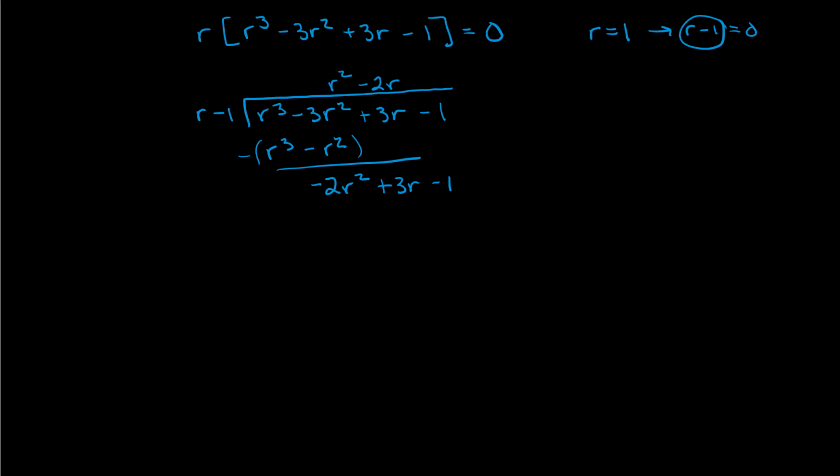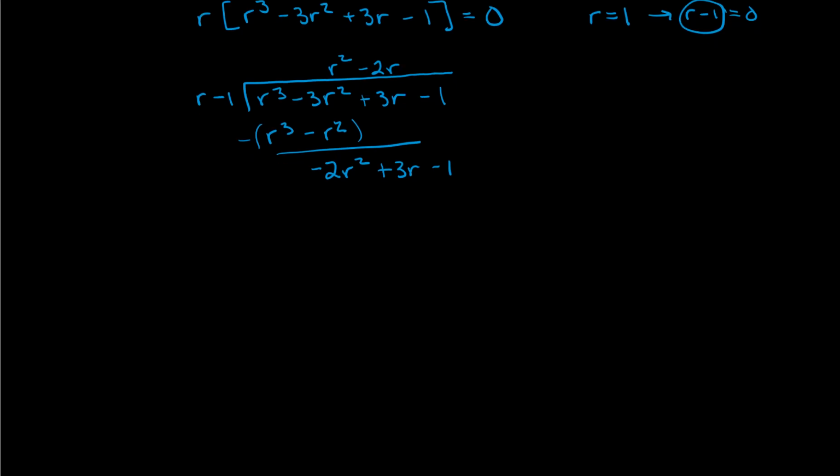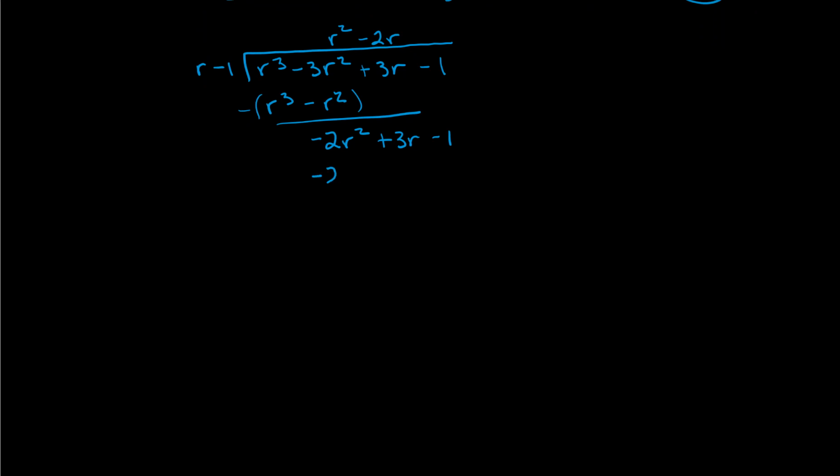Notice as I put my r squared and my r at the top with the division, I'm lining them up. Neatness counts here. So a negative 2r times r is a negative 2r squared, and a negative 2r times a negative 1 is plus 2r. Going to subtract this, the minus 2r squared and plus 2r squared cancel. We have 3r minus 2r gives me r minus 1. That'll go in one time.